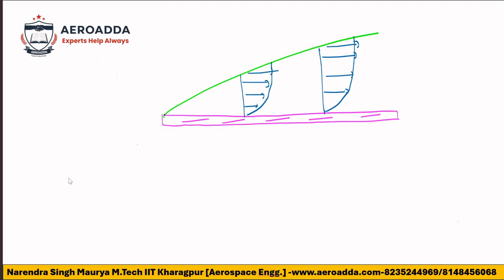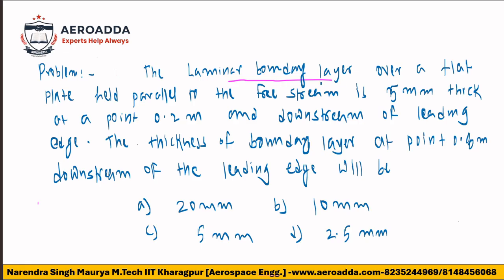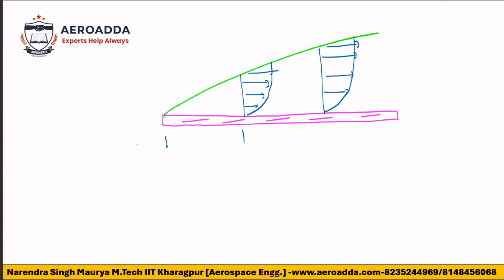See, first case what they have given: the laminar boundary layer over a flat plate held parallel to the free stream is 5 mm thick at 0.2 meter. And then the next point is 0.8 meter.